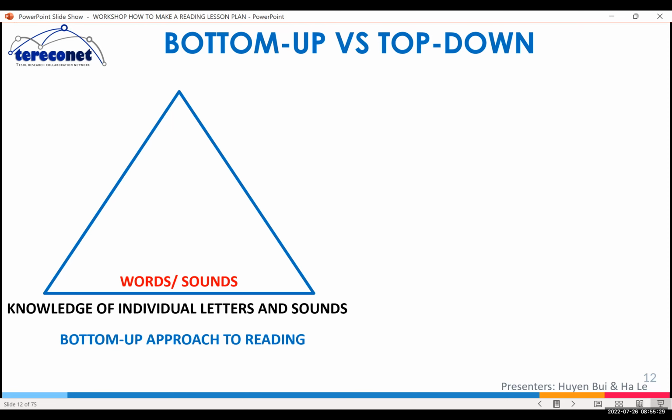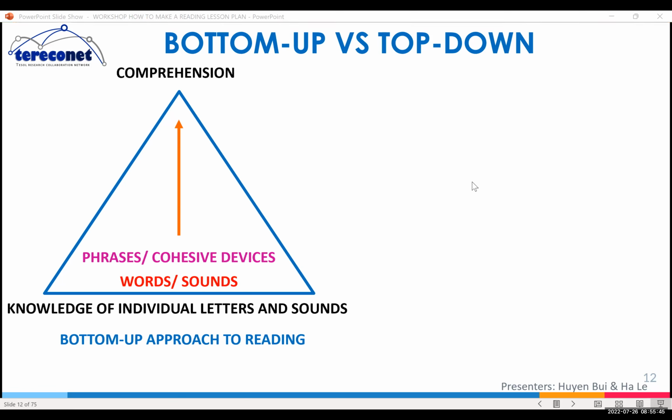So I will start with the words and sounds, and then move up to phrases or cohesive devices, and then move up to sentences, for example paragraphs, and then finally comes the comprehension of the reading text.